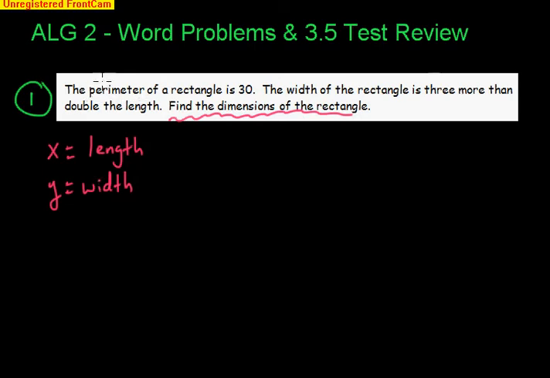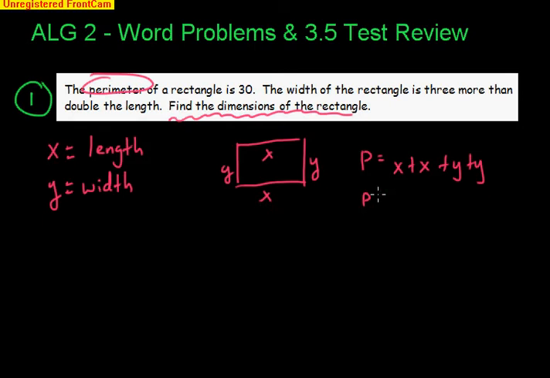Now, I see this word perimeter. So again, if you have a rectangle, let's label the lengths x, the widths y. The perimeter is when you add up all the sides. So it would be x and y, or 2x plus 2y.